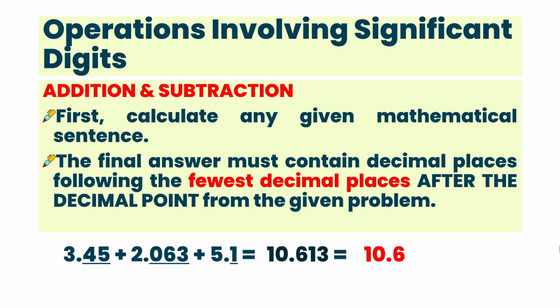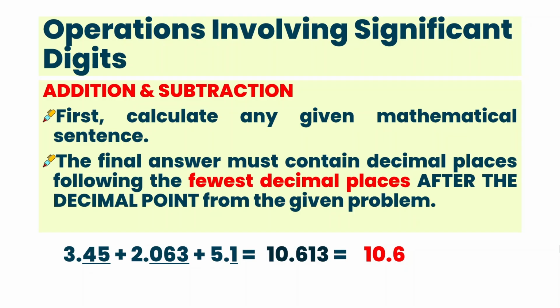So we rounded off the number to 10.6, and the rules for rounding off will be applied in addition, subtraction, multiplication, and division. Simple rule is, if the number to be dropped is 5 and above, you have to add 1 to the number before it. Or if the number to be dropped is 4 and below, then you have to retain the number.